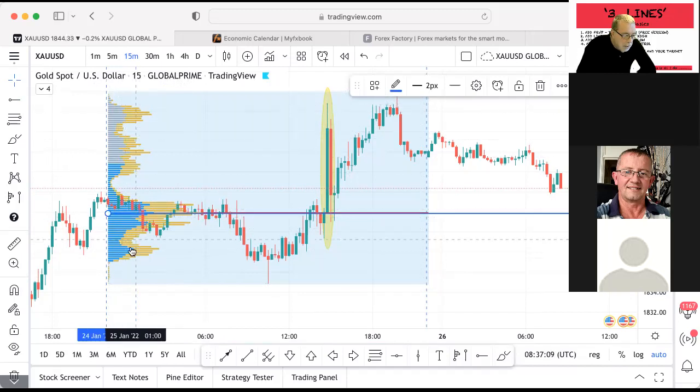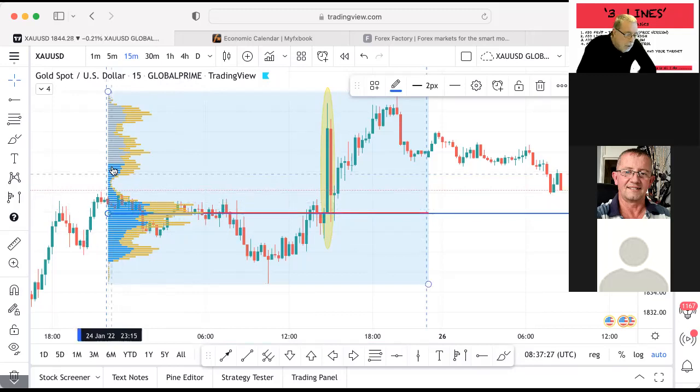These bars here on the left-hand side represent the volume of trading at any given price within that range. So this price, which I've just marked off here, had the highest volume of trades during the entire trading session yesterday.